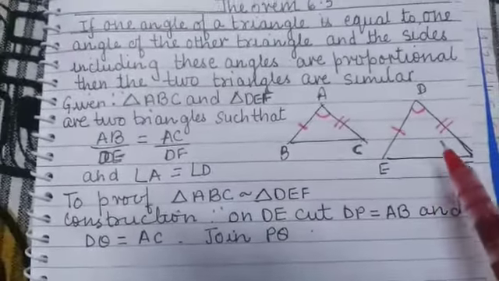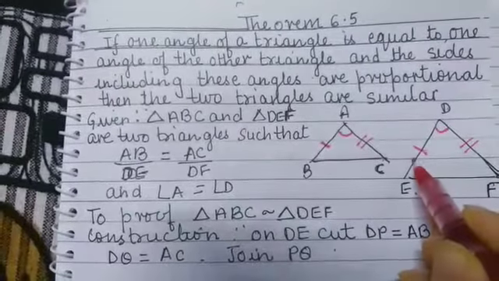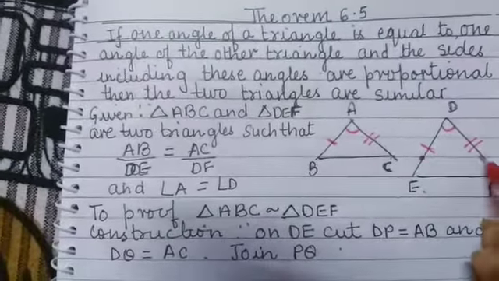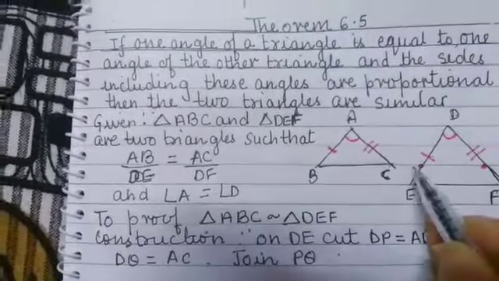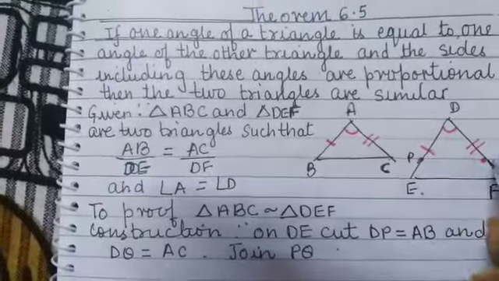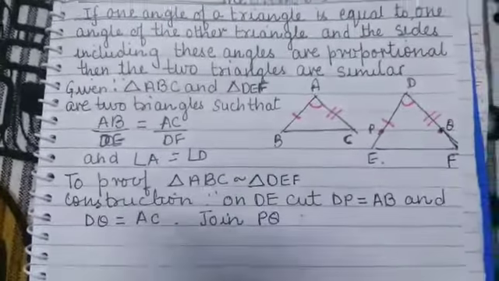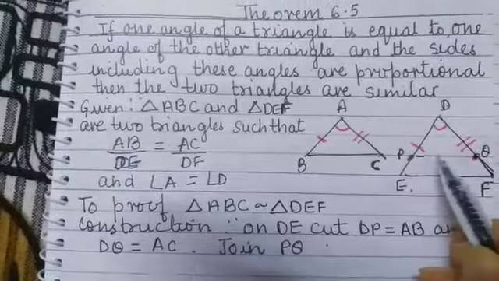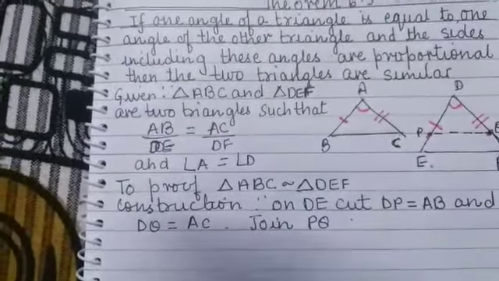Now again on DE, cut DP equals to AB and DQ equals to AC. Join PQ. Okay.